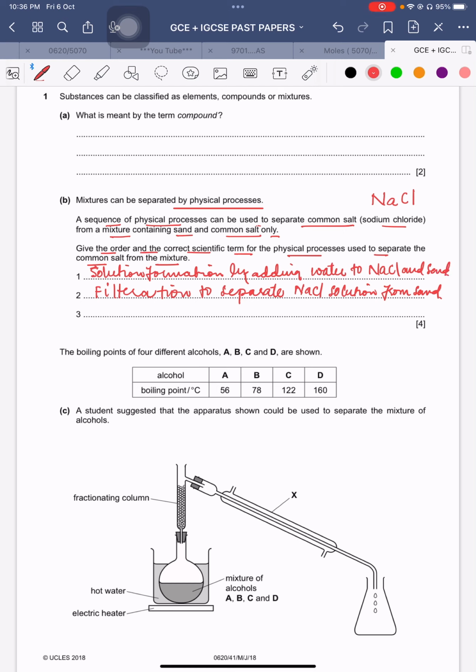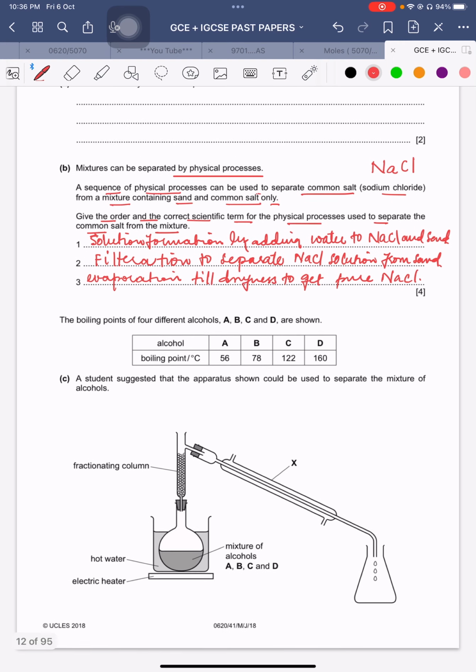And number three, evaporation till dryness to get pure NaCl, pure dry NaCl.